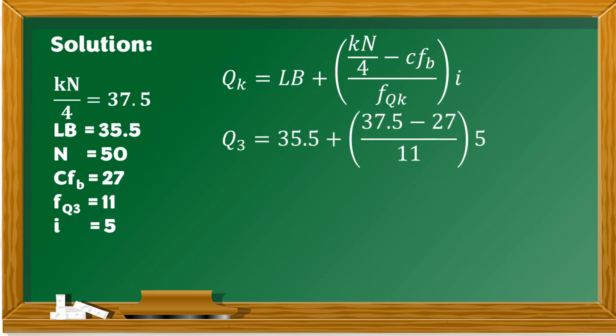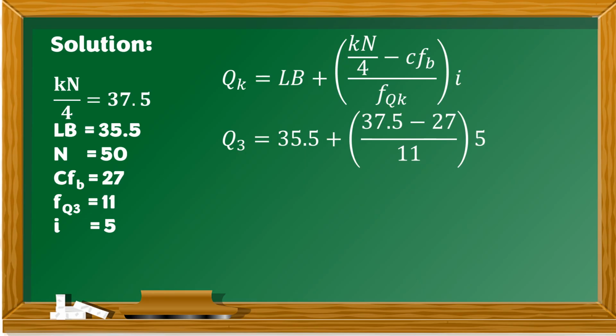So we have Q sub 3 is equal to the lower boundary, 35.5, plus the quantity of the upper quartile class, 37.5, minus the cumulative frequency below the upper quartile class, 27, all over the frequency of the upper quartile class, 11, times the interval, which is 5.